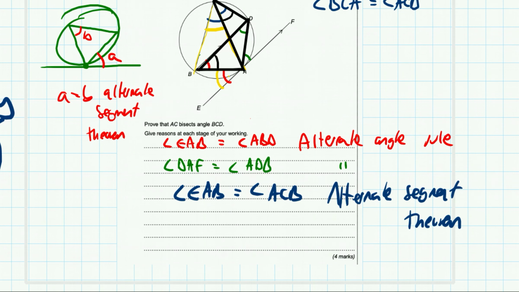And we have now solved our question, because now angle ACD is equal to angle DBA, and that is through the angles in the same segment.